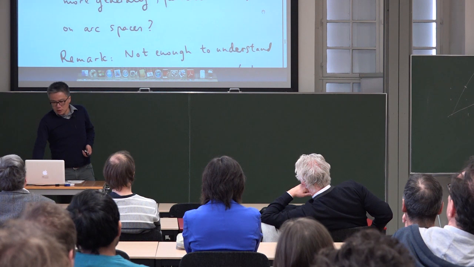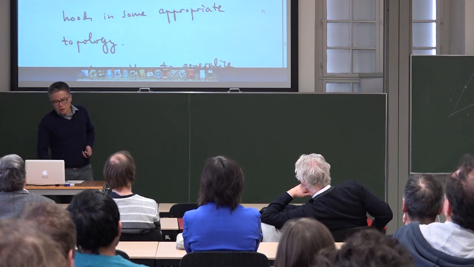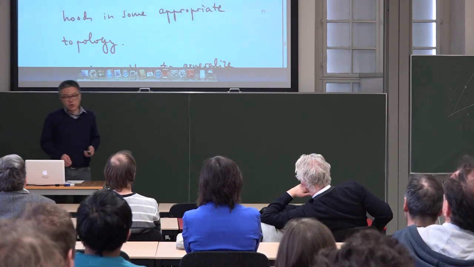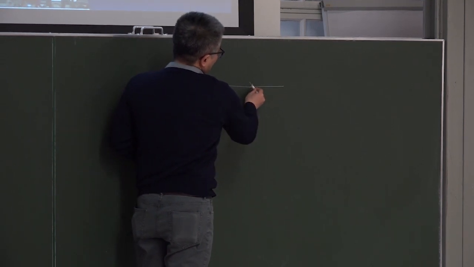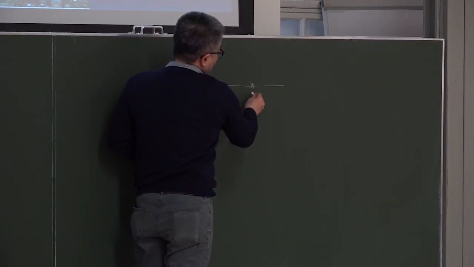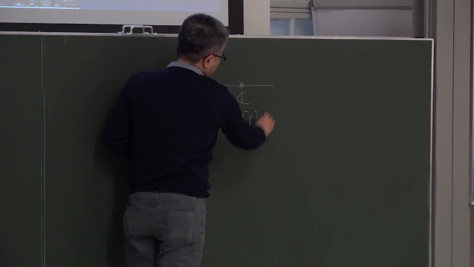So first, it's not enough to understand the formal completion of a point. We know that is what you know by Grinberg-Kazhdan. But you need to understand the following thing. You look at C and C[t]/t^2.